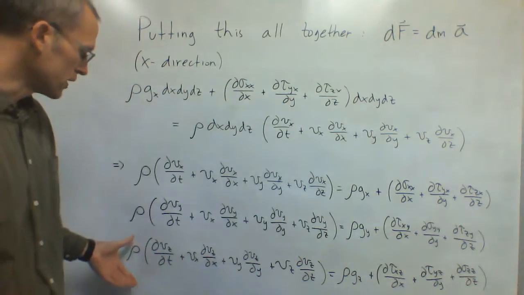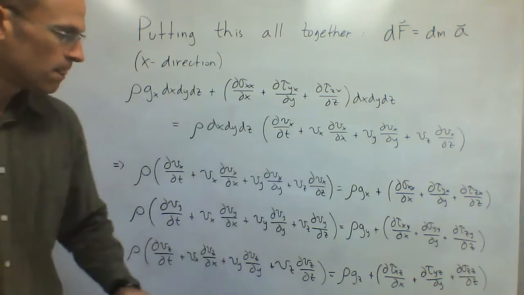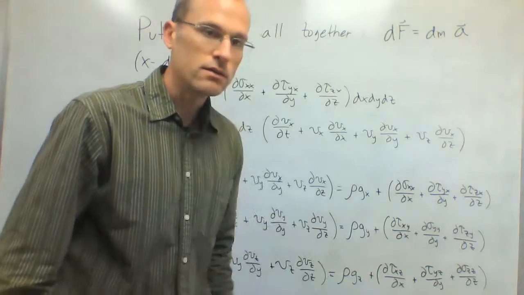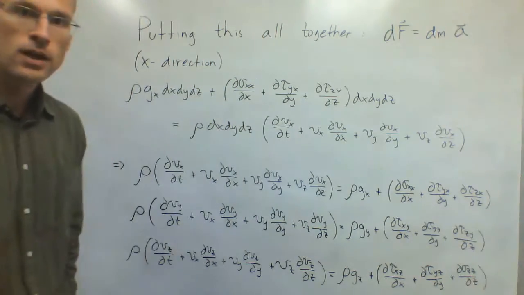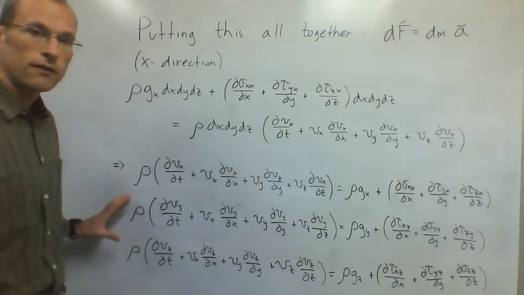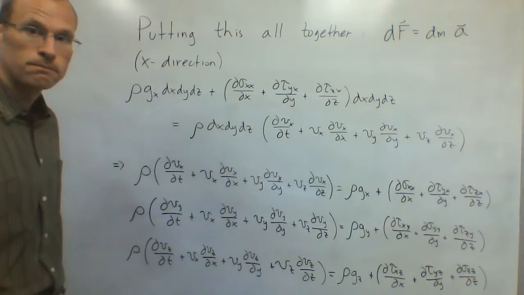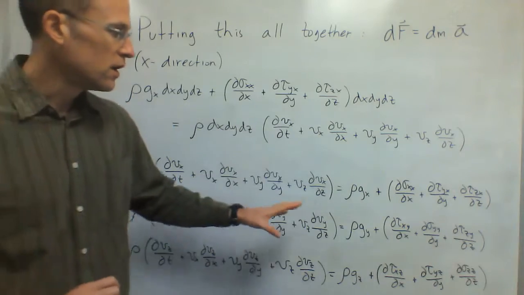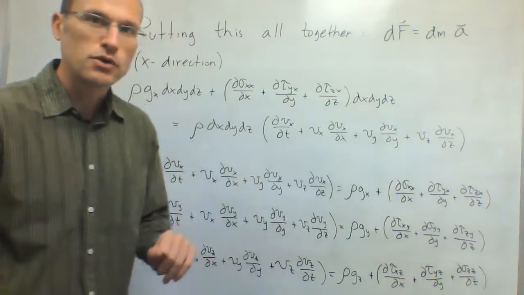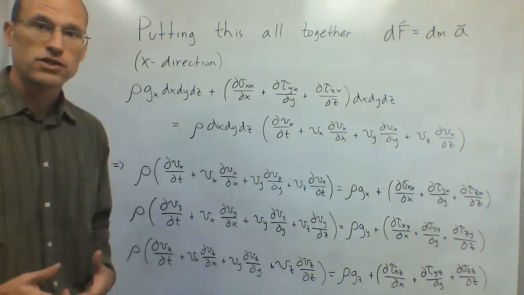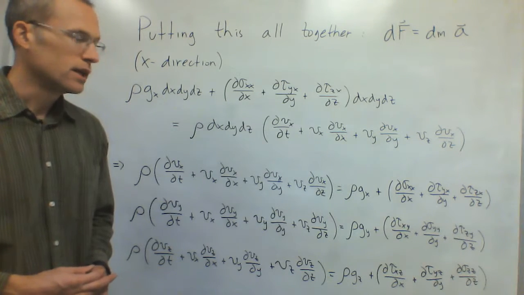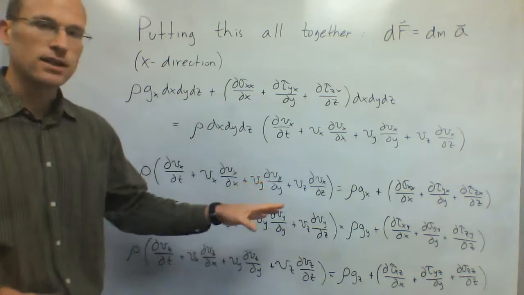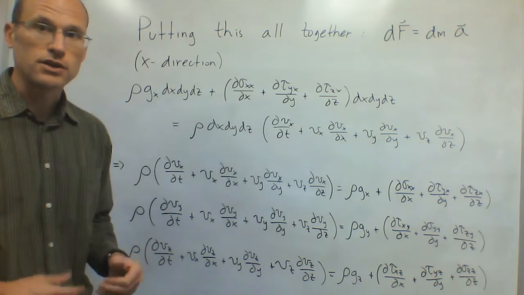And the same for z: vz on top, gz, and my z values for the stress. So those are the most general form of conservation of momentum in differential form. They're not very useful because shear stress and normal stress are not easy things to calculate or to measure in the lab. So what we're going to do in the next lesson is make these into a slightly better form that we're going to use to actually solve problems.